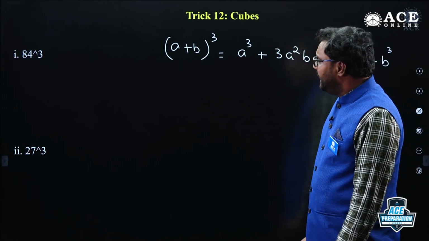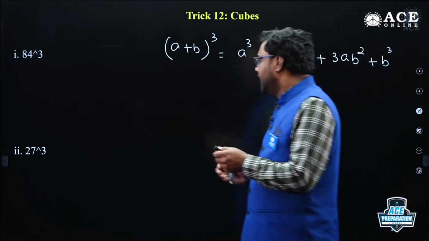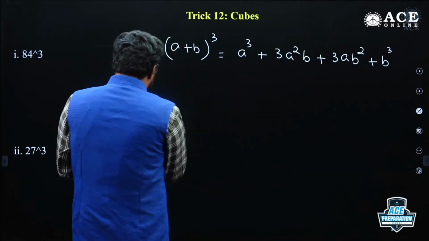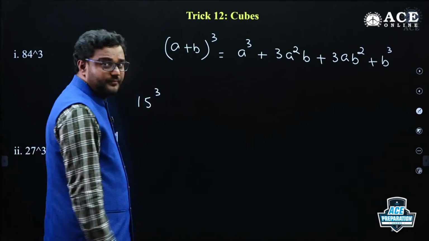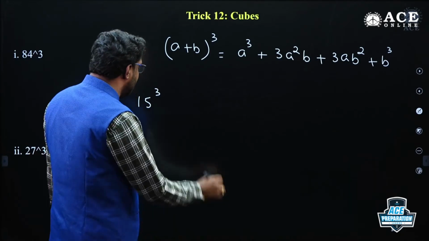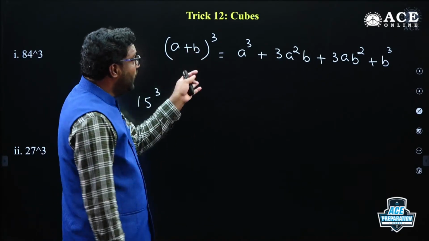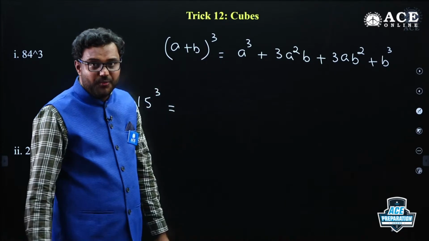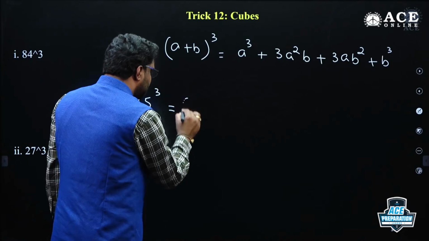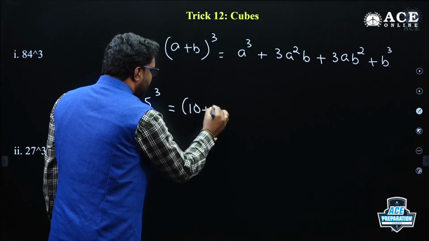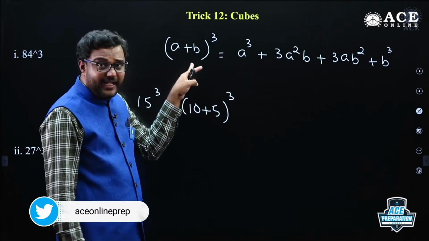See how this is useful for us, sir. For example, one basic example, 15 cube we are taking. Then you can apply it for these numbers and all. For example, you are calculating 15 cube. They are taking this like 10 plus 5 whole cube, taking digits like 1 and 5.